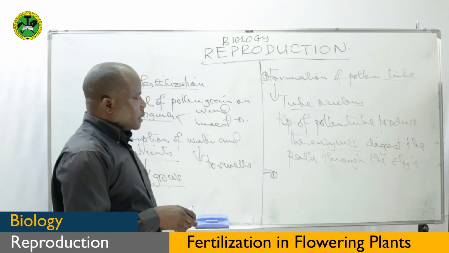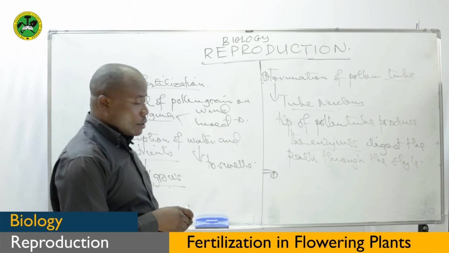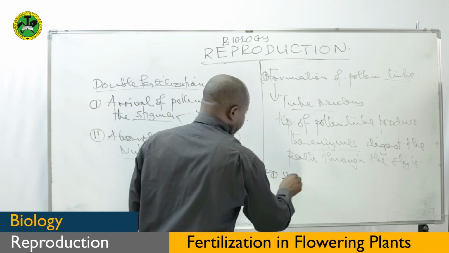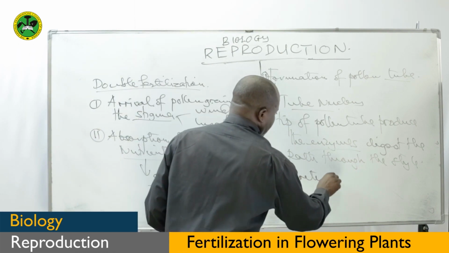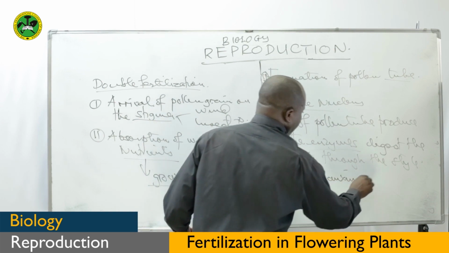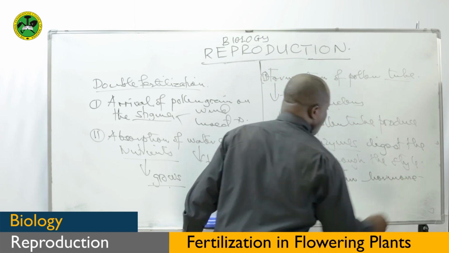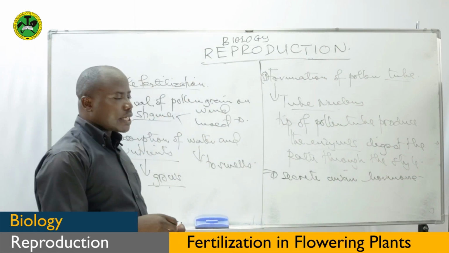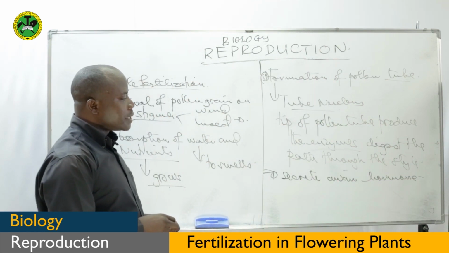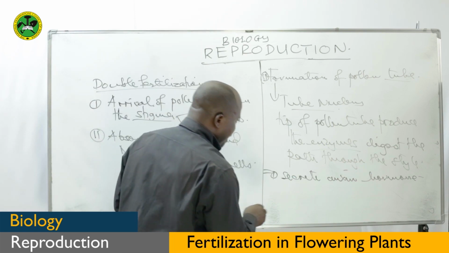The same tip of the pollen tube secretes auxin hormone, which initiates elongation of the pollen tube toward the embryo sac micropyle.